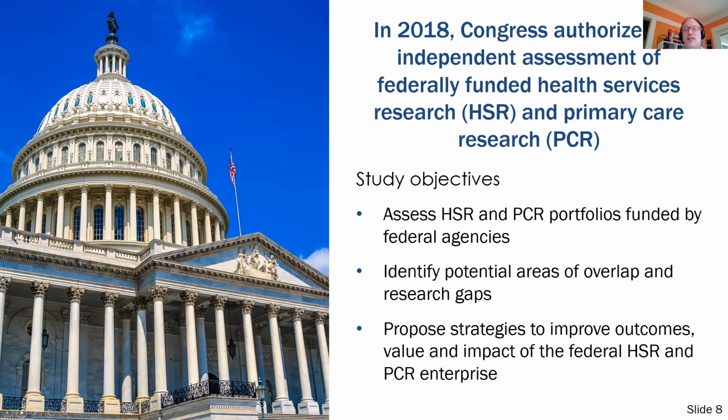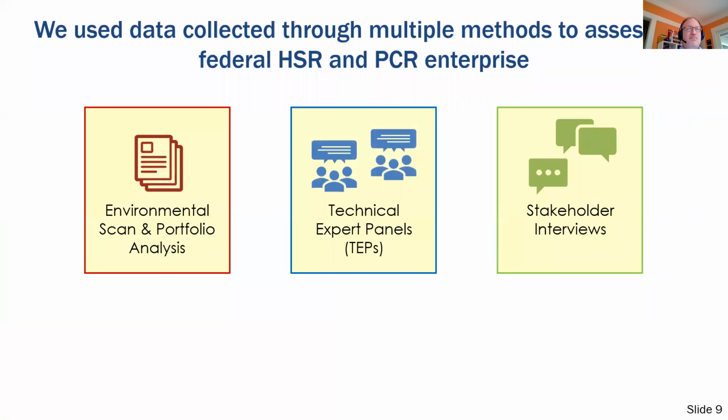And the study's objectives were to assess HSR PCR portfolios funded by federal agencies, to identify potential areas of overlap and research gaps in those portfolios, and to recommend strategies to improve outcomes, value, and impact of federal HSR and PCR over the next 5 to 20 years. So very forward-looking.